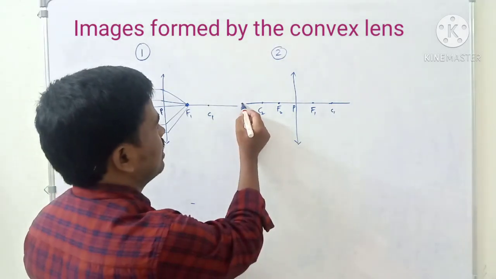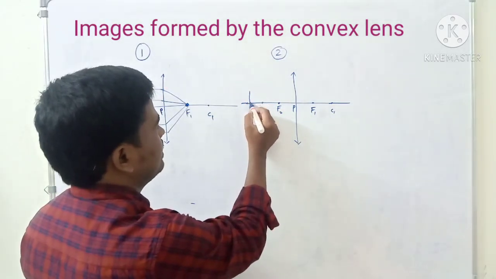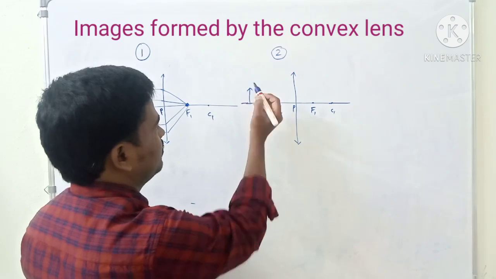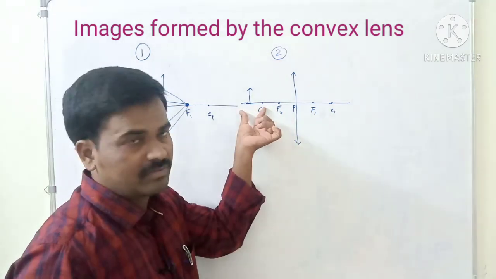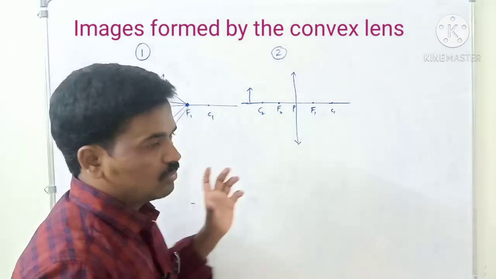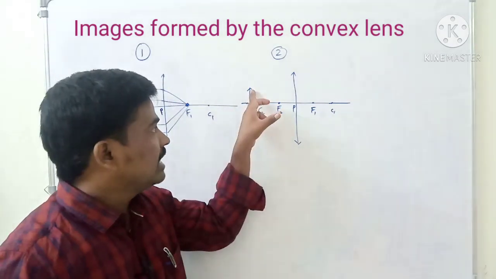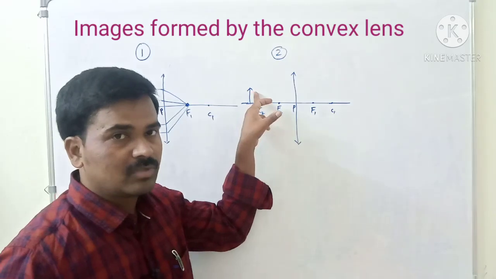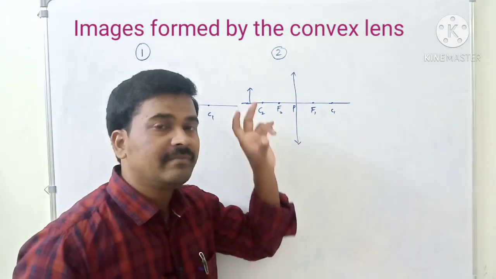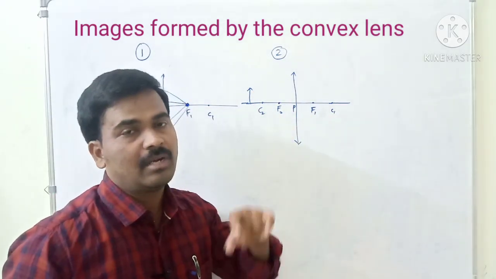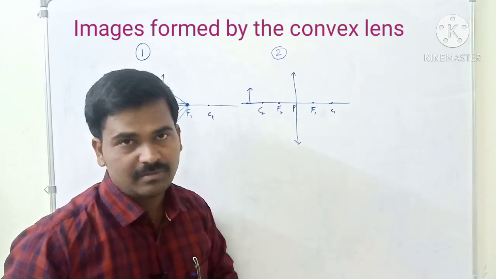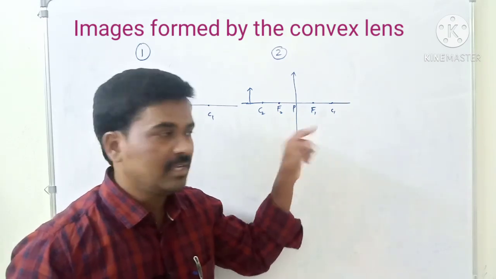The object is beyond the C2, beyond the center of curvature. There are some rules. We have to draw rays from the object and draw up to where they are going to intersect. Where they intersect is the position of the image.